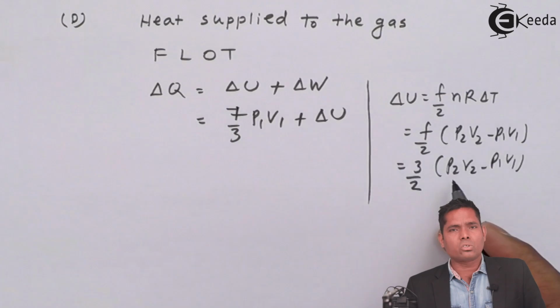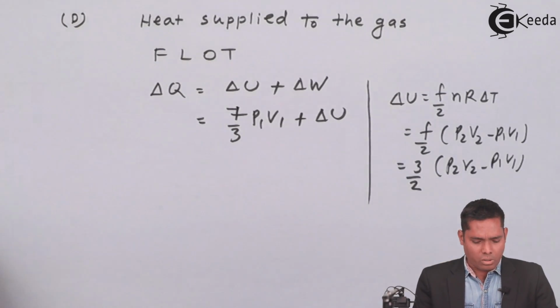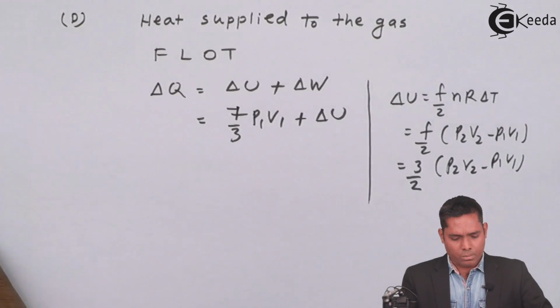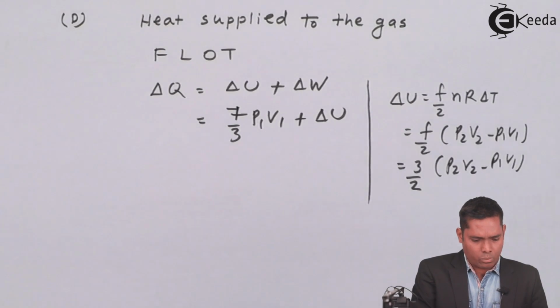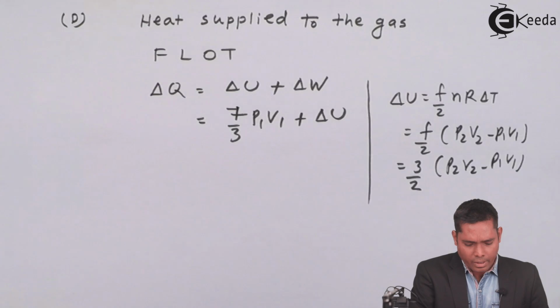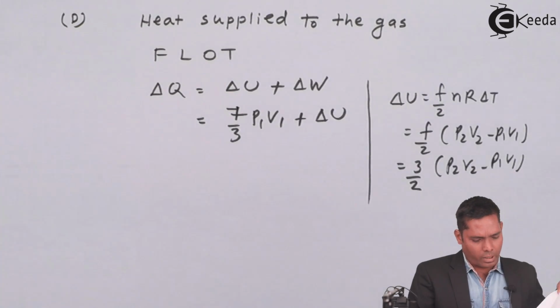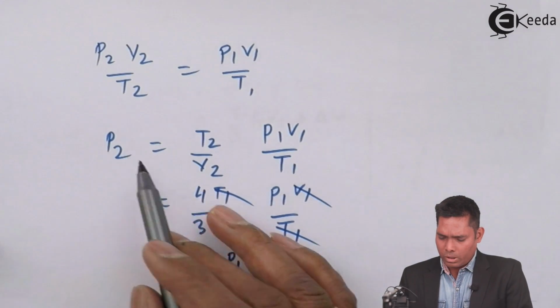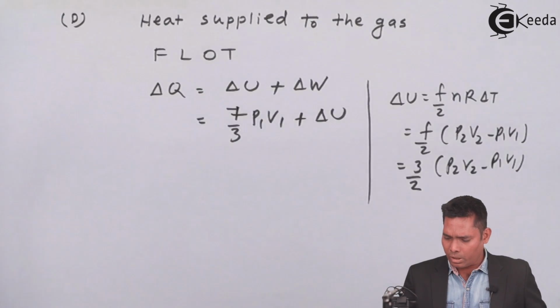P2 we got in terms of P1. How much did we get in terms of P1? I have to see where I wrote that. Okay, this one. P2 is 4 P1 by 3.